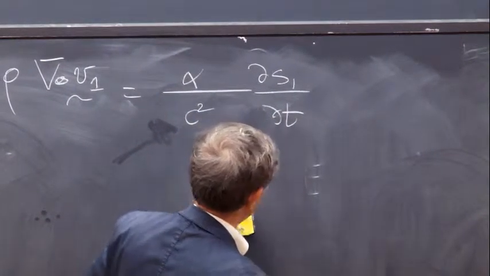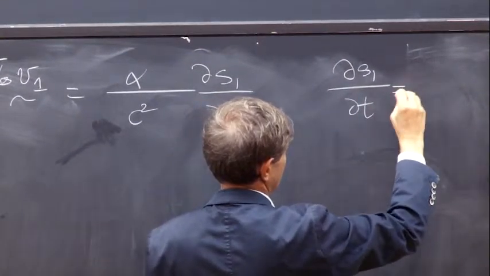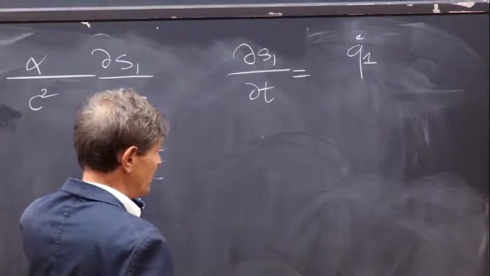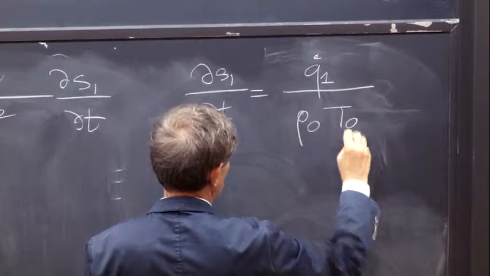And now dS1 by dt is equal to Q dot 1, the fluctuation in heat release, divided by rho 0 T0.